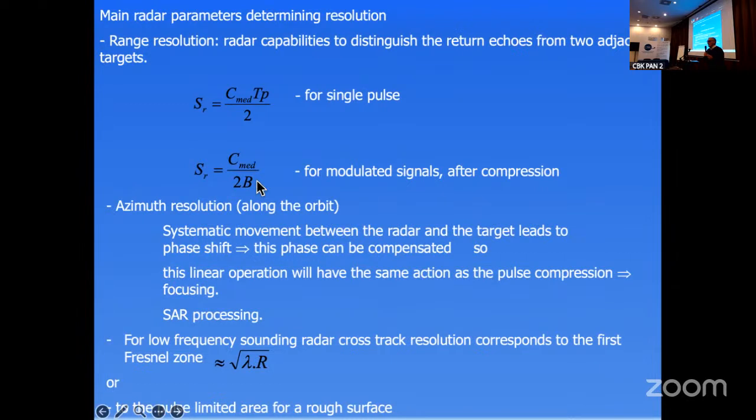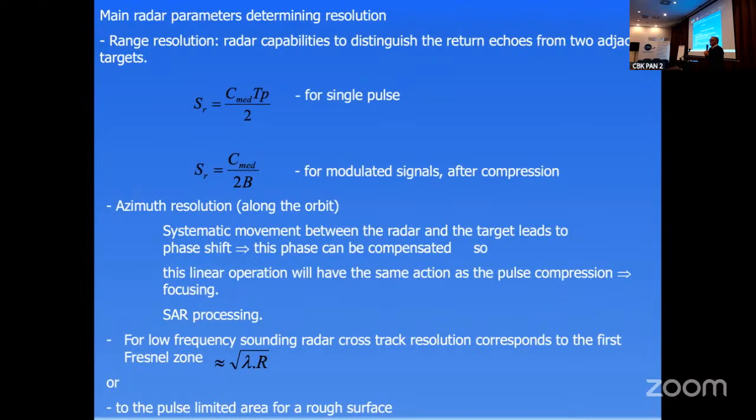For a modulated signal, very often you have linear modulation of frequency, which means that the signal is very long, but inside we are covering a wide band. Then what we call the resolution after compression. Compression is the operation in which we correlate the incoming signal with a copy of the transmitted signal.